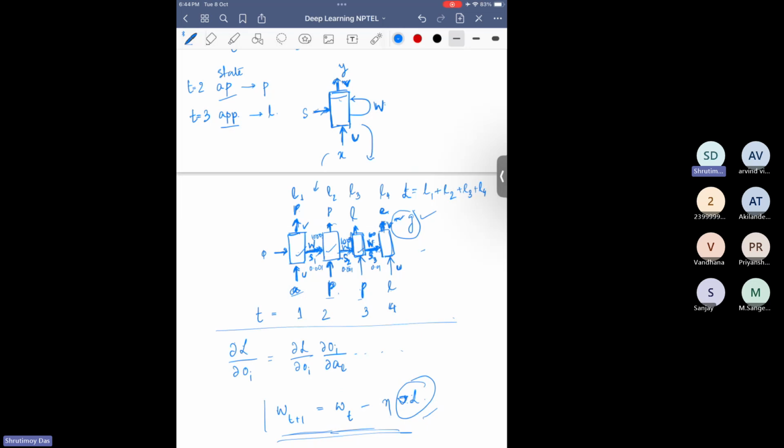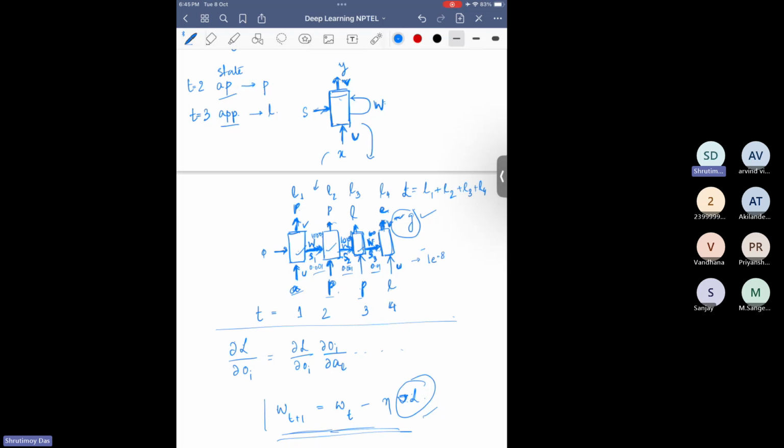Or you can have the other case. Suppose a gradient is small, say 10 to the minus 2, and here also you have gradients which are small, like 10 to the minus 3, 10 to the minus 3. Because these are multiplied, when you compute the gradient at this step you will have something like 10 to the minus 8, which is very small.